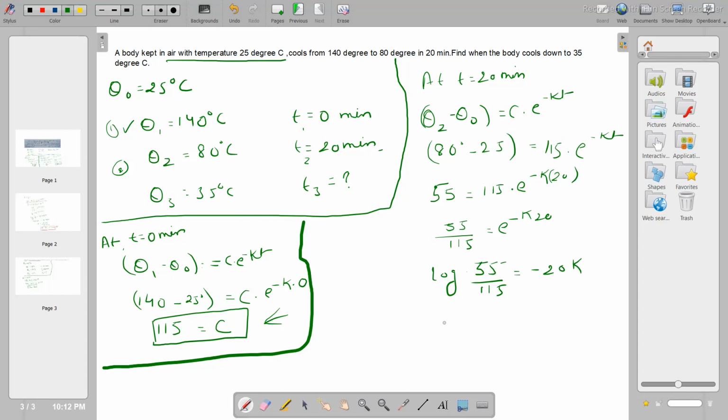It's minus 0.32. This minus and this minus will cancel. So k is equal to 0.32 by 20. What value will we get? It's 0.016.